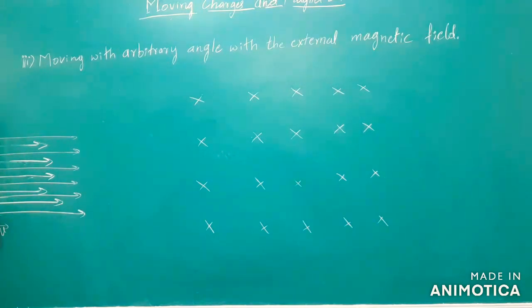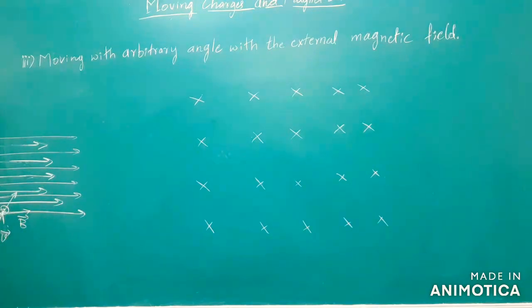Now I'll throw it at a certain arbitrary angle, like this. Clear? So this is how the charge enters the external magnetic field. This is the direction of velocity and this is the direction of the magnetic field.